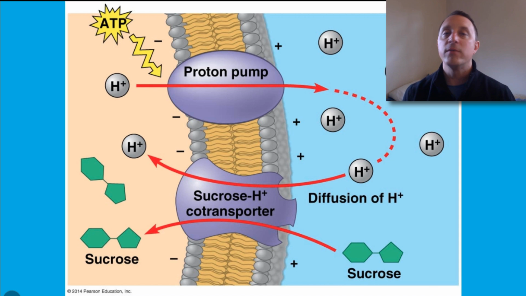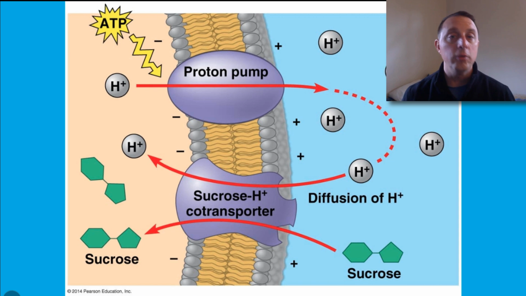So once we have this gradient, there is energy within that gradient. So this co-transport can then use that energy to bring something else into the cell. In this case, we are bringing in sucrose, a disaccharide.